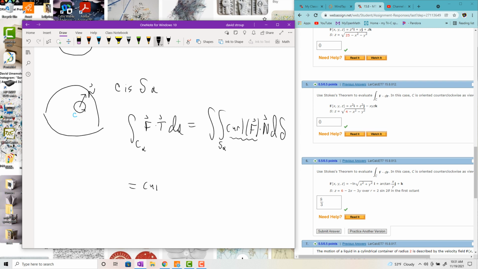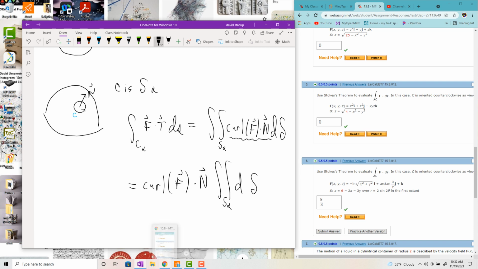So this whole part, even the dot product, curl of f dotted with n, and then we can solve for that, times the double integral over S sub alpha, which will be the surface area integral.